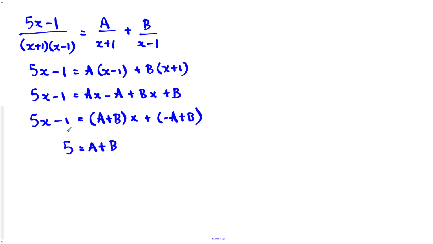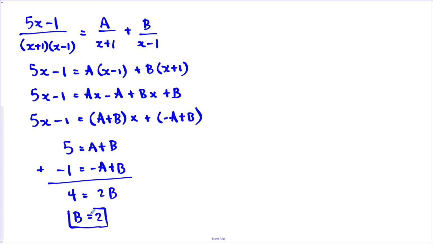And this second equation is the constant is negative 1, and that should equal negative a plus b. And this is lined up nicely for elimination. So the b's are both here, or addition, can cancel that out. So I guess addition would be the easiest. So 5 plus negative 1 is 4, a plus negative a is gone, and b plus b is 2b. That means that b equals 2.